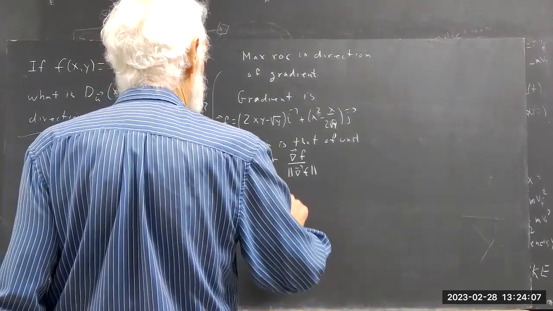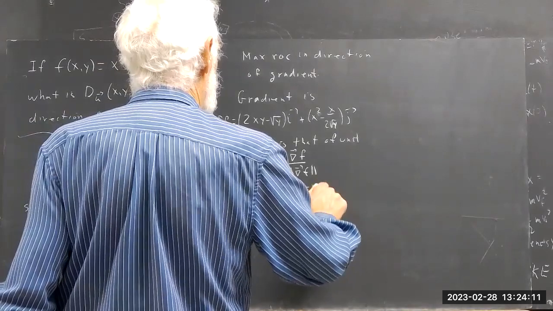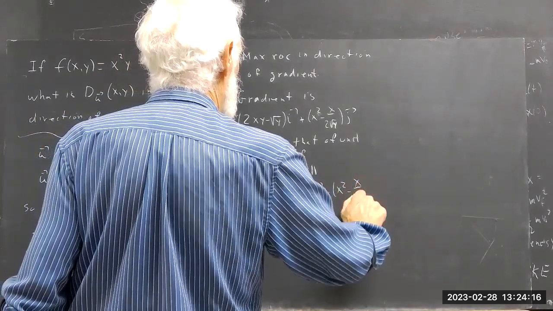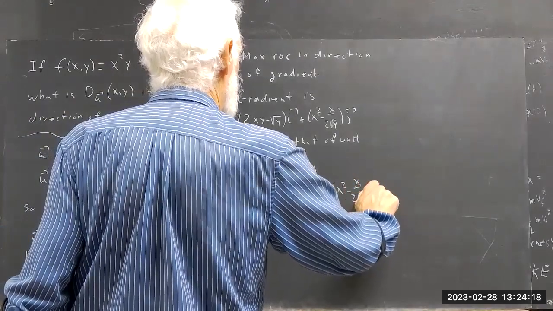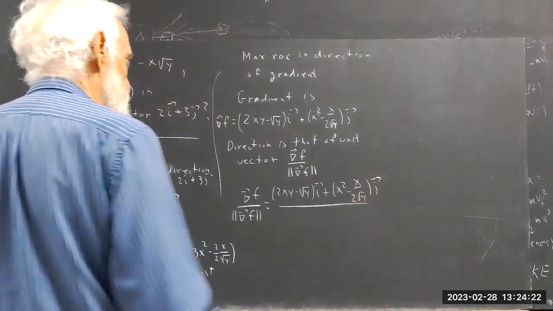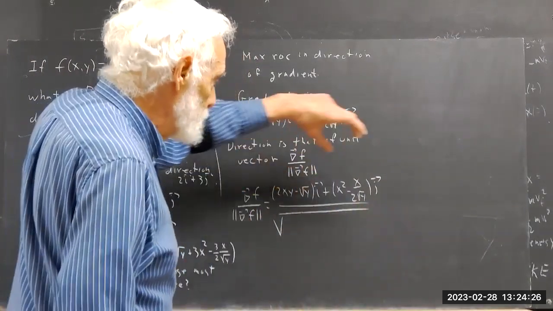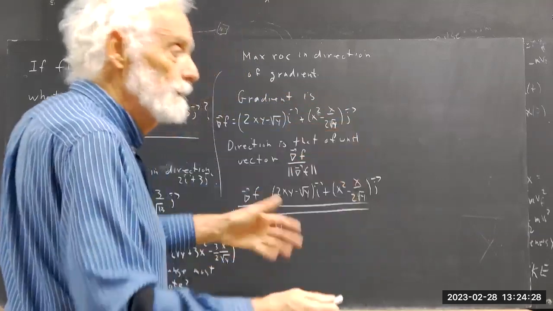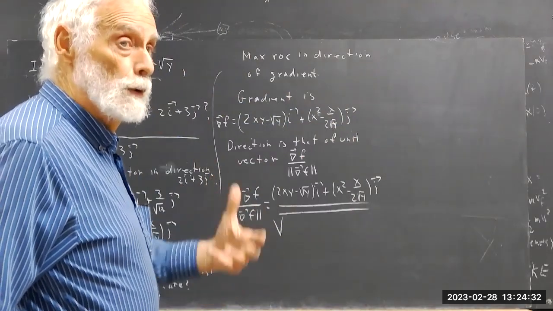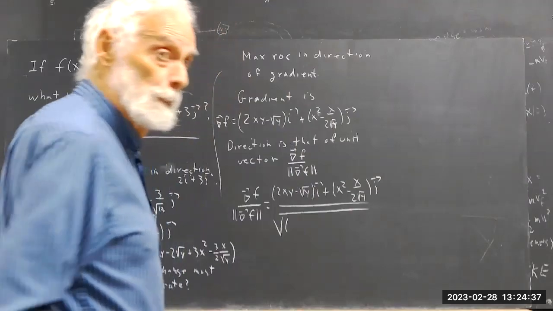Very simple: del F goes to the numerator, and in the denominator you have the square root of this square plus this square, which could be expanded and simplified. If you're going to do a whole lot with it, you want to do that. But right now, until we really need to expand it or anything.